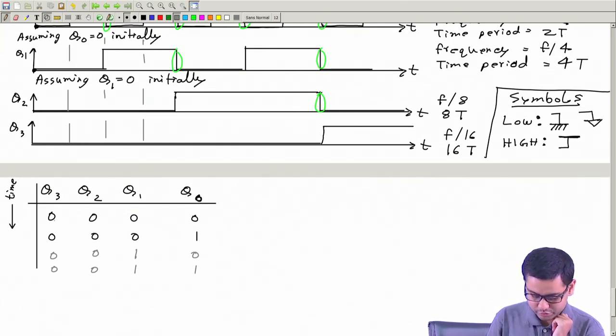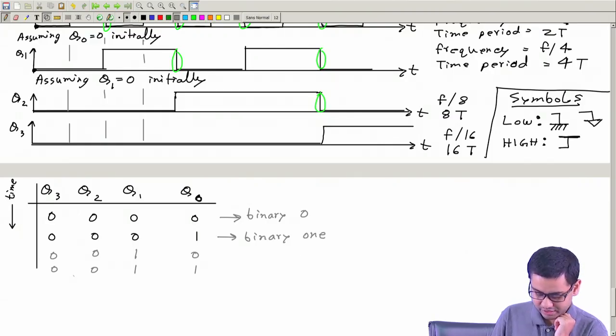Okay, so now you see this number 0, 0, 0, 0 is same as binary 0. This number 0, 0, 0, 1 is same as binary 1. This is 0, 0, 1, 0, same as binary 2.